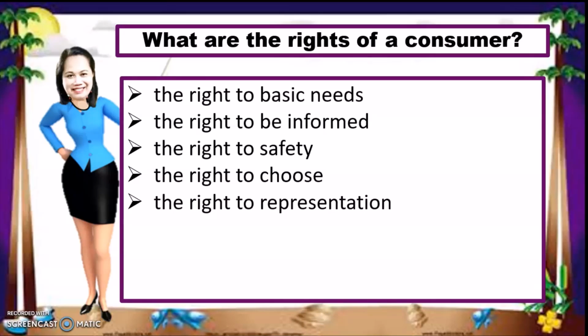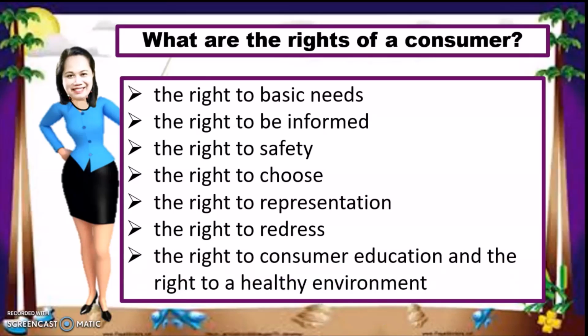The product must be represented by their advertisement. And then the right to redress. Okay? So, you have to have good products. And then the right to consumers' education and the right to a healthy environment.